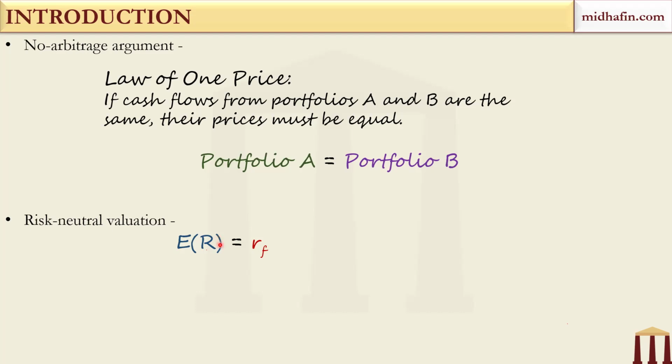Some of you might have studied utility functions in economics, but that's not important. The main point is that all investors generally should not have the same expectation from all the assets. So why is this practically relevant then, if investors do not have the same risk-free rate of return?